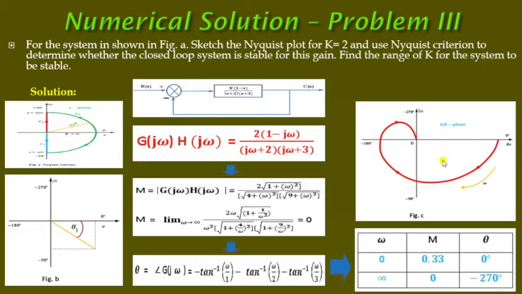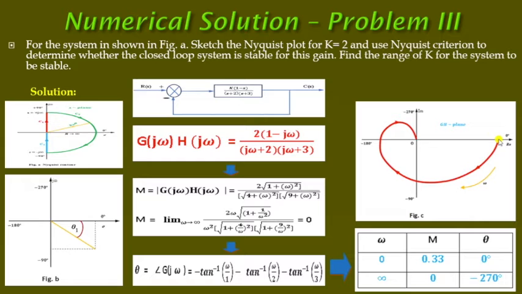Then draw the figure. So the C1 path is mapped into the GH(s) plane. What is the starting point? The starting point has magnitude 0.33 and angle 0. So this point has angle 0 and magnitude 0.33.